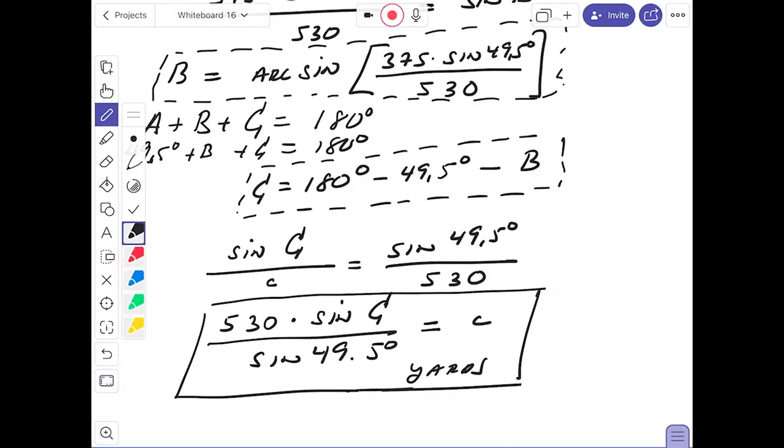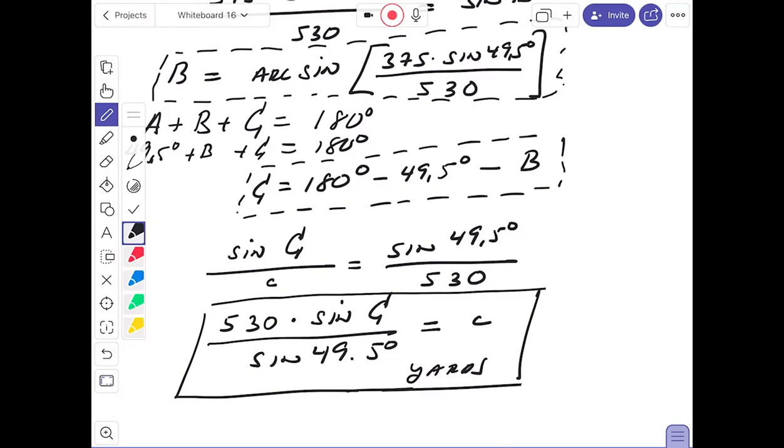Okay, I still want to do the calculator, so I'm going to go back and get my calculator out. The first thing I'm going to do is B. So what's B? B is arcsine, I'm looking at my calculator, and that's going to be 375 times sine 49.5 divided by 530.